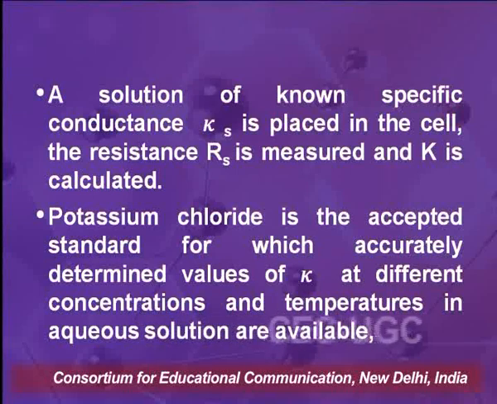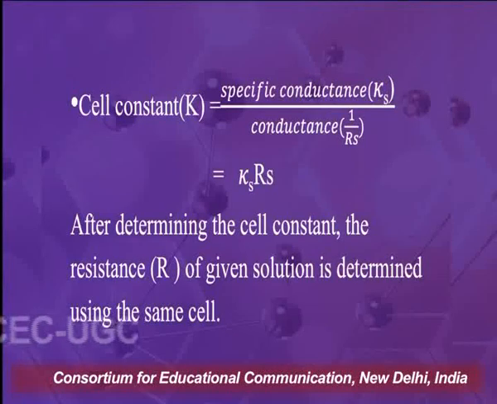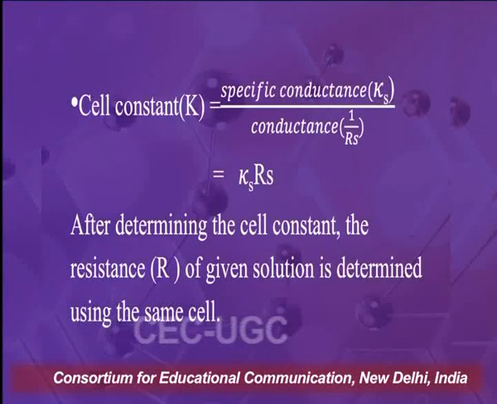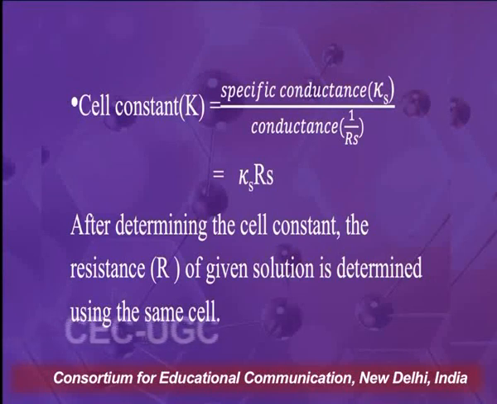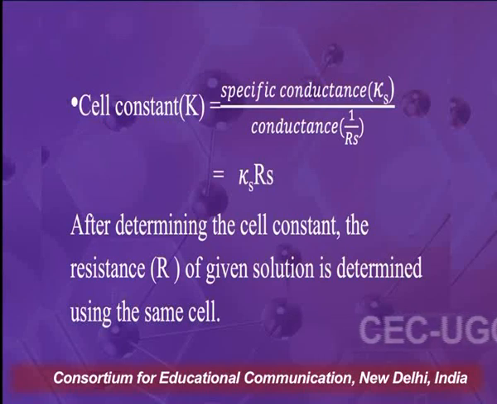Potassium chloride is the accepted standard for which accurately determined values of kappa at different concentrations and temperatures in the aqueous solution are available. Cell constant can be determined using the equation: cell constant is equal to specific conductance divided by conductance, which will be kappa S into Rs.